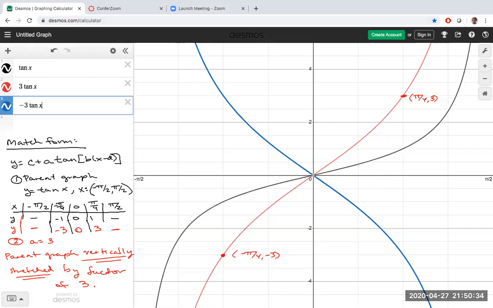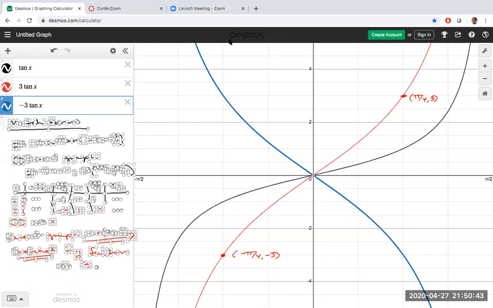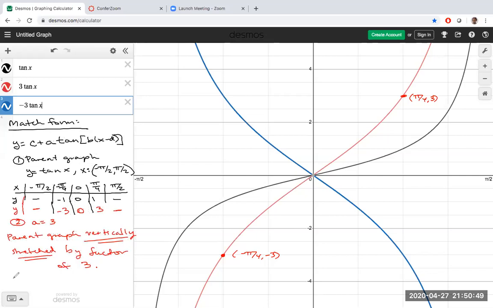So let me add this in. When a is equal to -3, you'd actually still have the same amplitude.